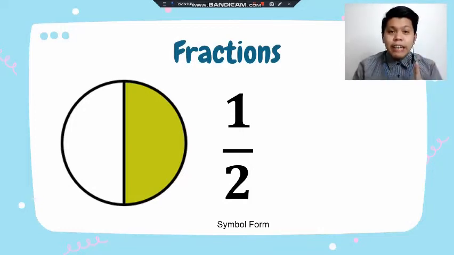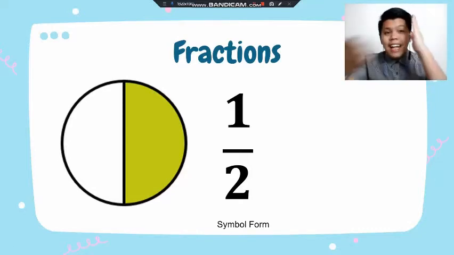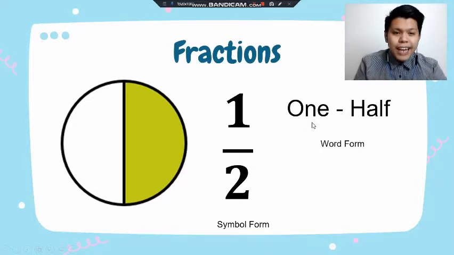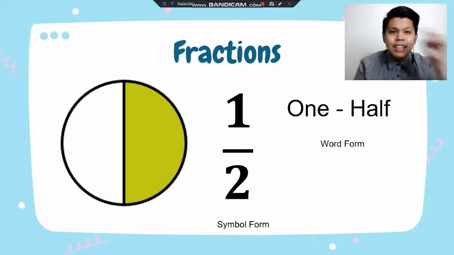This will not be read as one over two, but we will be reading this as one half. One half. Okay? So in word form, we write this as one dash half.